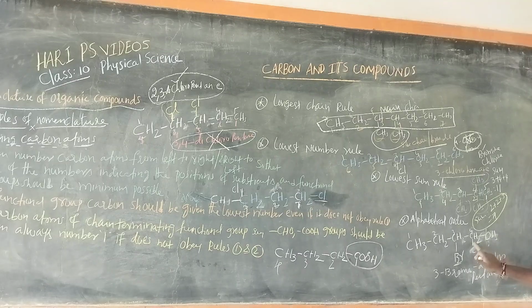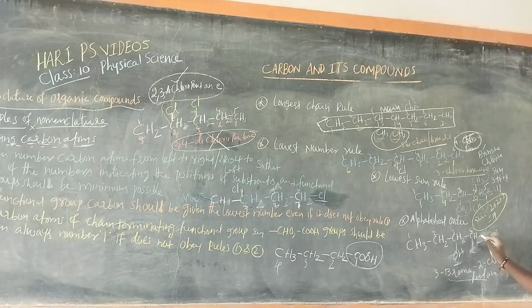For example, if it has OH, or if it has COOH and OH, the priority goes to the carboxylic acid. With two different groups, according to alphabetical order we need to write.